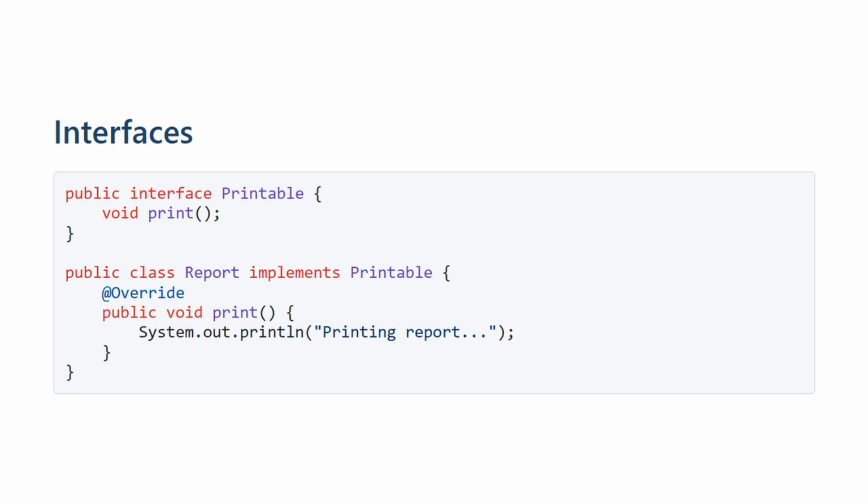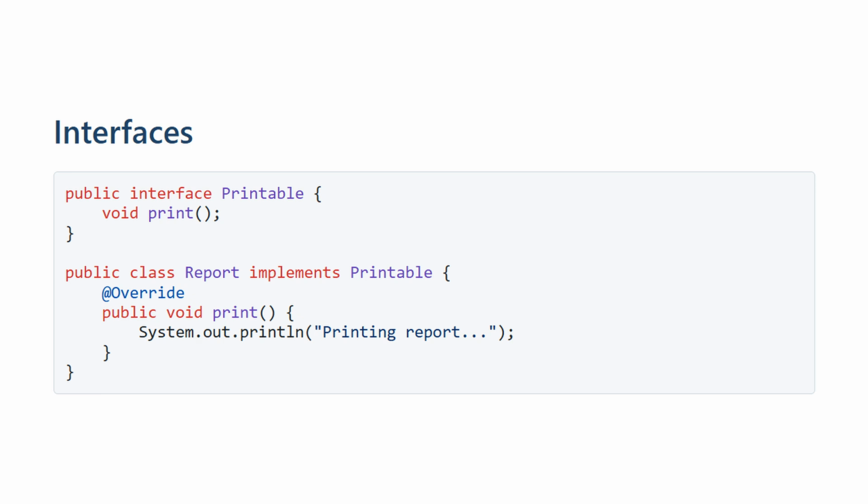Inheritance is useful, but it's not always the best solution. In fact, modern Java encourages using interfaces and composition for flexibility and cleaner design. Why look for alternatives? Deep inheritance chains can make code rigid and hard to maintain. If you need to share behavior without forcing an is-a relationship, interfaces and composition are better choices.